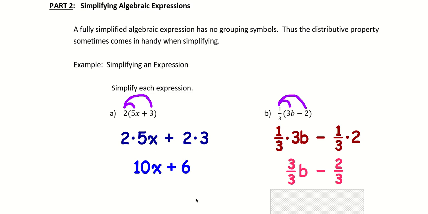So remember to multiply fractions. You could say that's not just 3, it's 3 over 1. And then when you multiply those together, you get 3 over 3. But of course, that's just 1. So it's technically 1b, but you just write b.